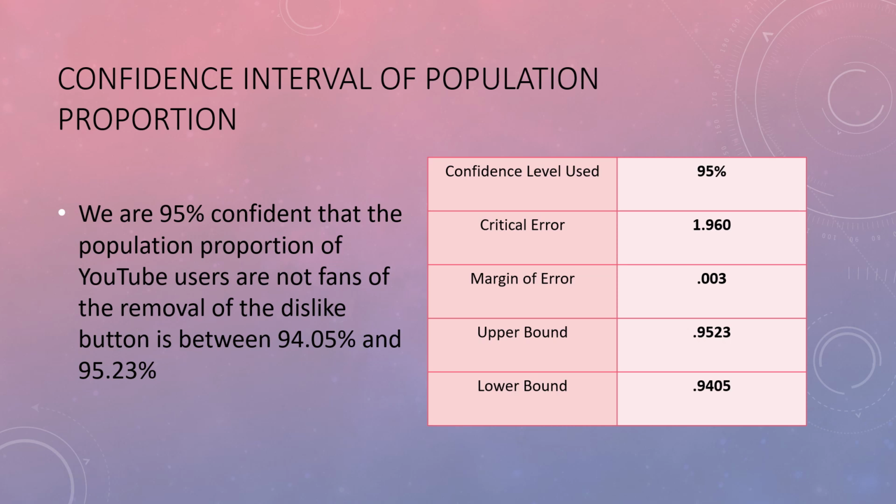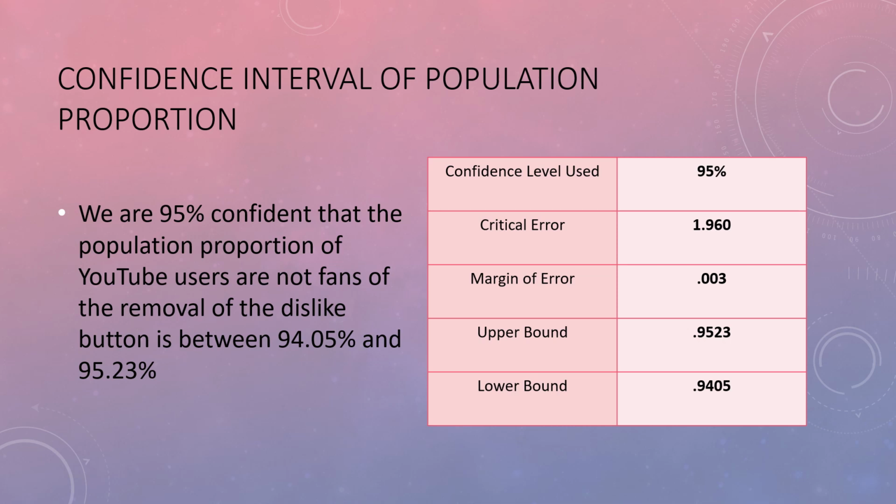So we take that very first sample proportion number plus 0.003, and it will equal 0.9523. And likewise, we take our P prime and subtract 0.003, and that will equal 0.9405.